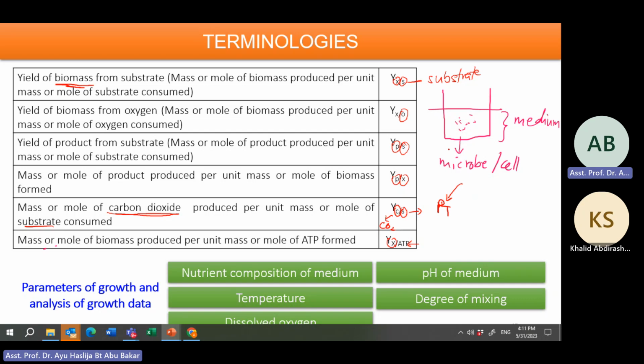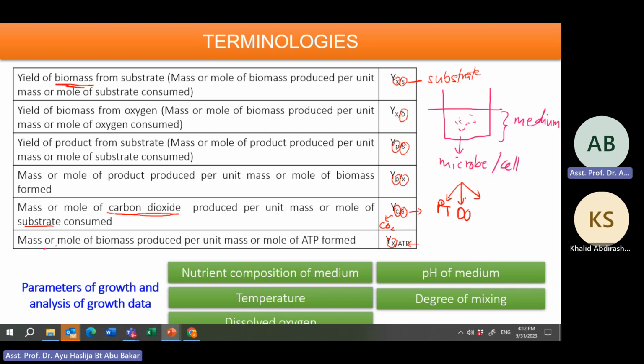When it involves the microbe, it is very important to monitor the growth. The growth depends on the temperature and the DO, dissolved oxygen, if it requires an aerobic process.